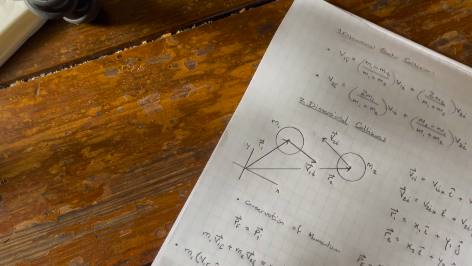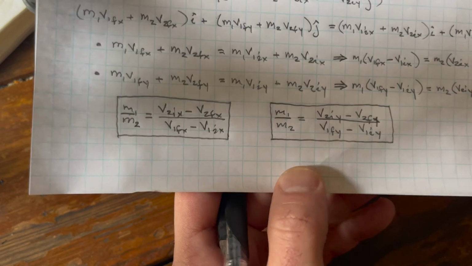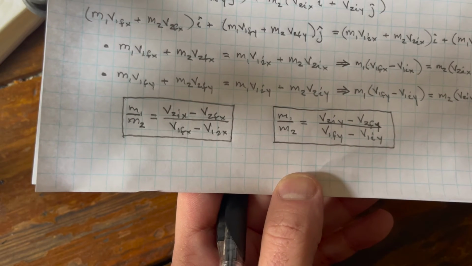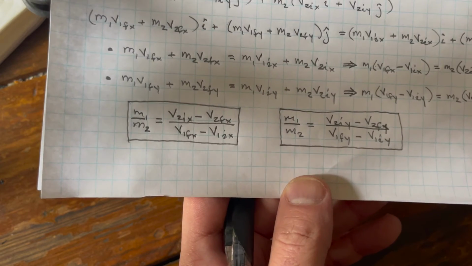So again, there's some symmetry there. You look at these dimensionless ratios of proportionality we derived from our conservation of momentum equation.